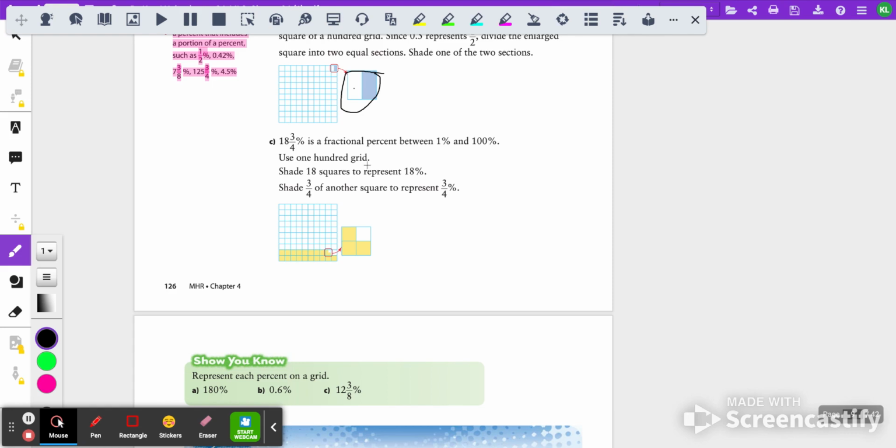So using a 100 grid, I'm going to shade in 18 squares to represent 18%, and then 3/4 of another square to represent 3/4. So I've magnified a square here, or the textbook has, made it out of 4, shaded in 3 squares to show 18 3/4%, or 18.75%. My computer's lagging a little bit.